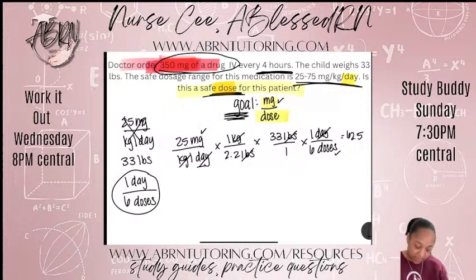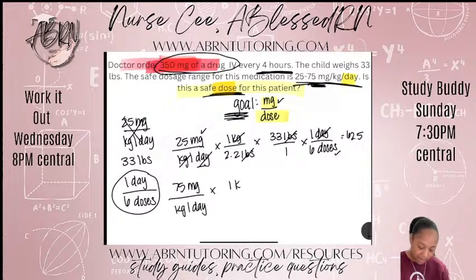So we'll do the same thing with the upper limit. So 75 milligrams per kilogram per day. I'll take my kilogram to pound conversion and I'll put in my 33 pounds. So I cross my units out as I go, and then one day is 6 doses.